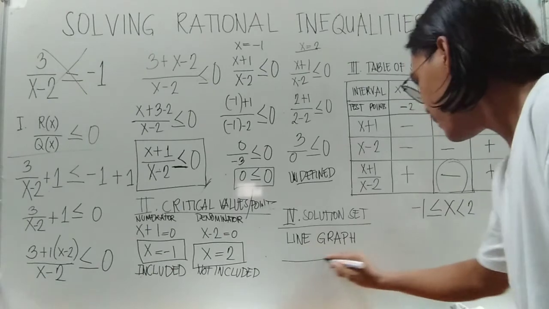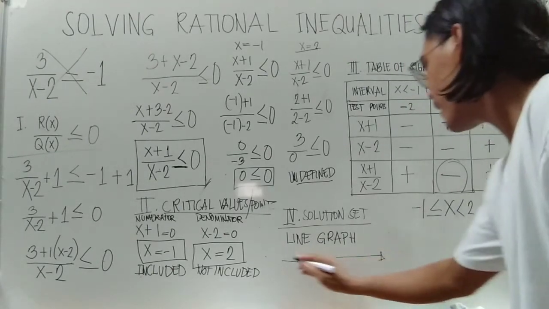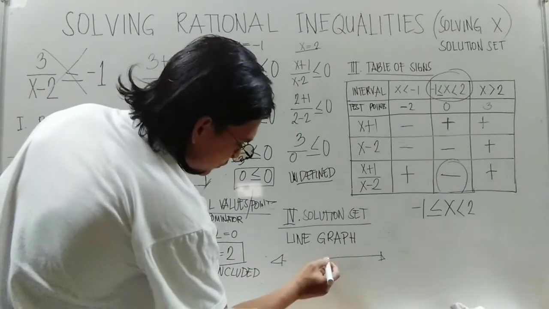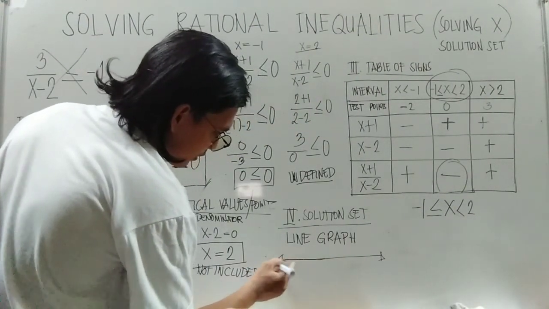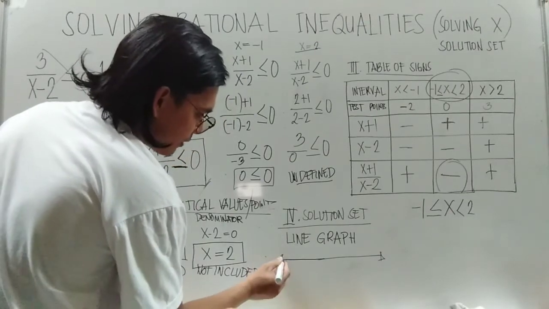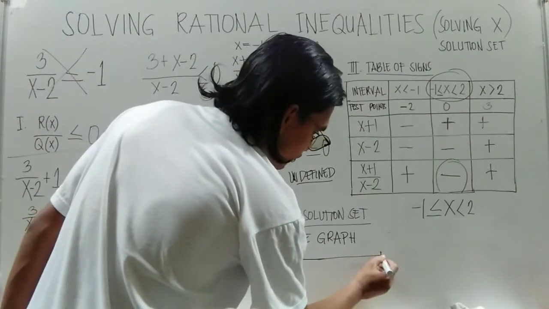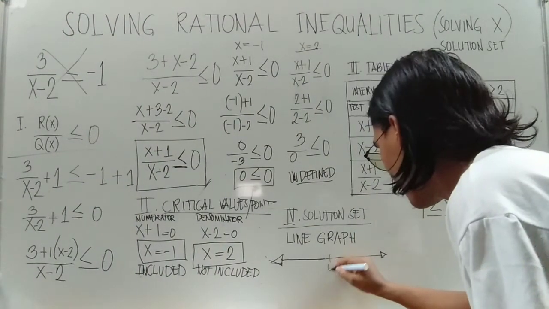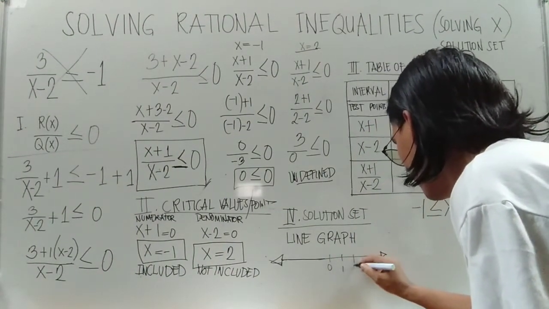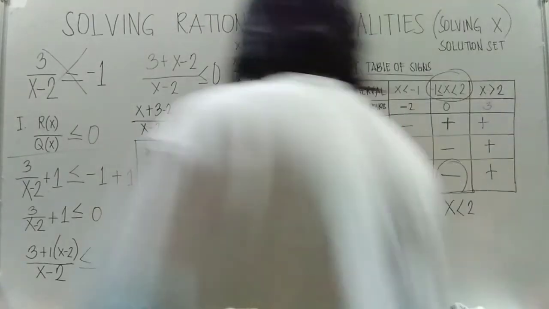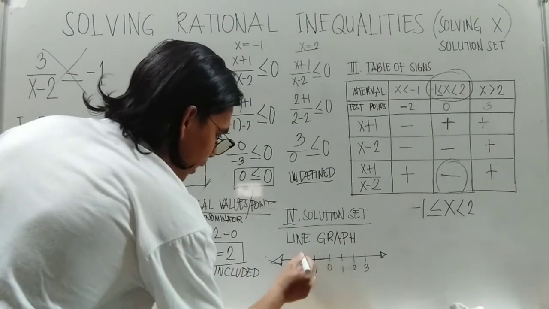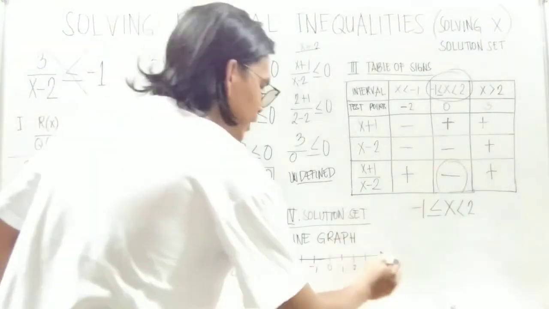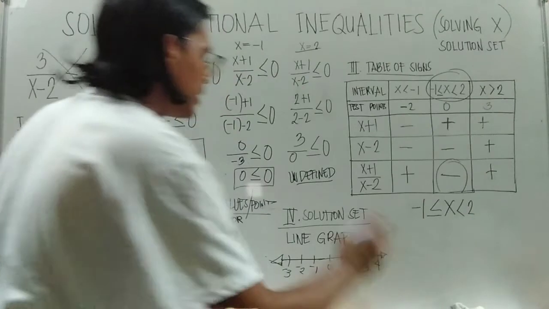A line graph looks like this, just like the line graph we have made earlier, but more precise. We have 0 at the center, then 1, 2, 3, and so on. Then we have negative 1, negative 2, and negative 3. You can extend your line graph to whatever value you want.